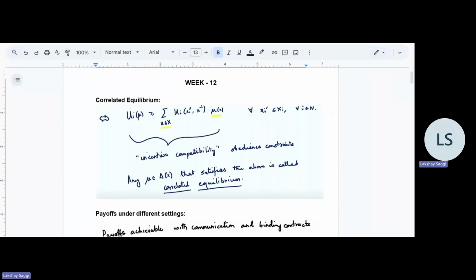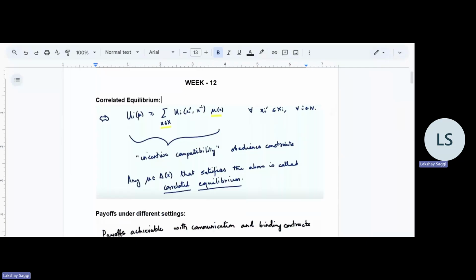One form of communication is signing a contract that if you do this, I'll do this, and the contract is binding. Another form of pre-play communication is where players sign a contract but don't have to actually follow the contract.